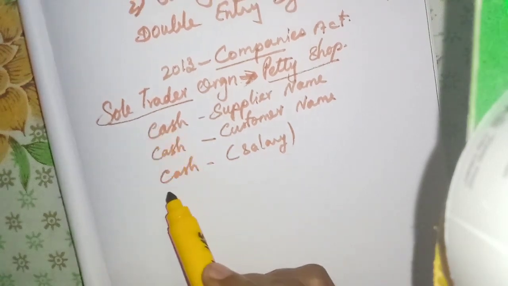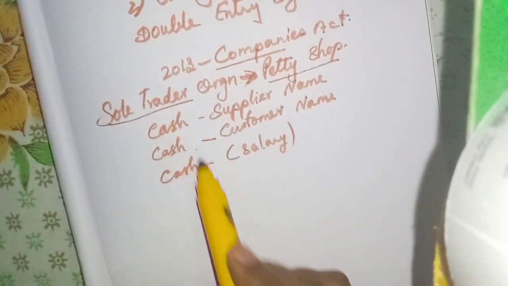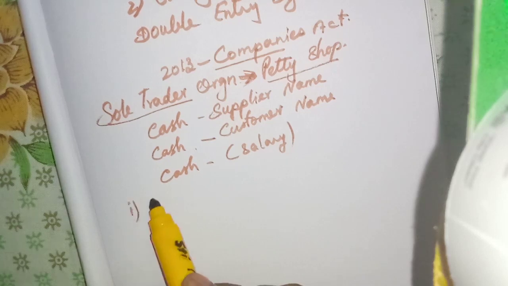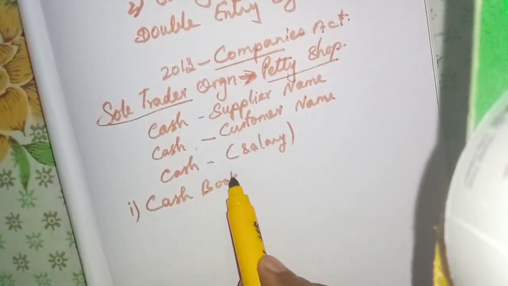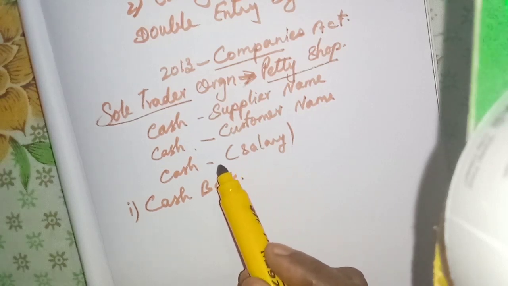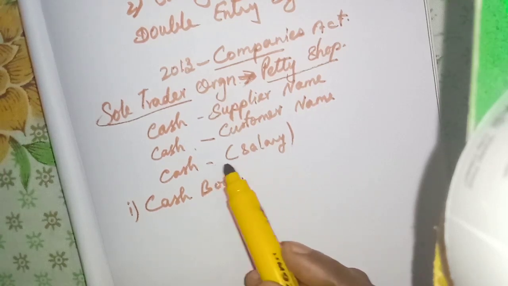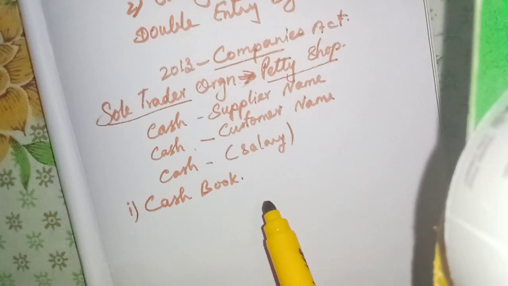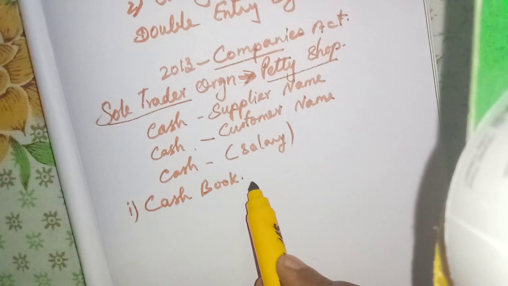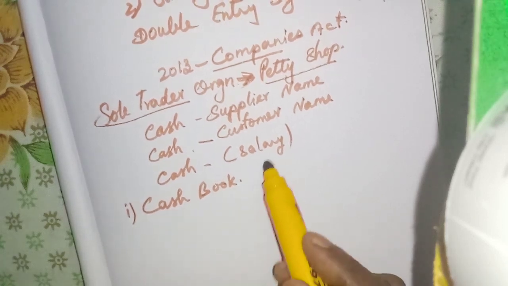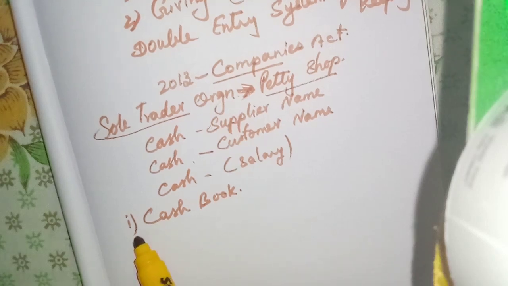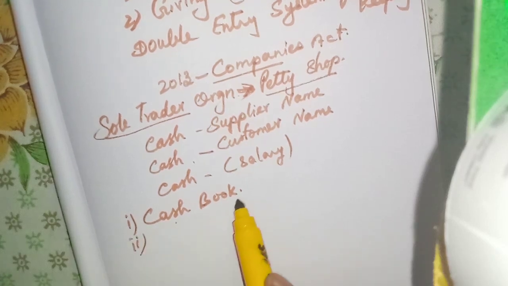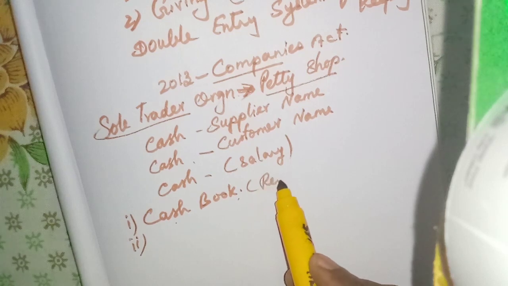So in short, which book will be prepared here? The main cash book. The main book maintained by the sole trader organization, or the incomplete records. What records will be maintained by this organization? Mainly the cash book, then the names of the suppliers, the personal accounts. So the cash book, we can say, is the real account, isn't it?